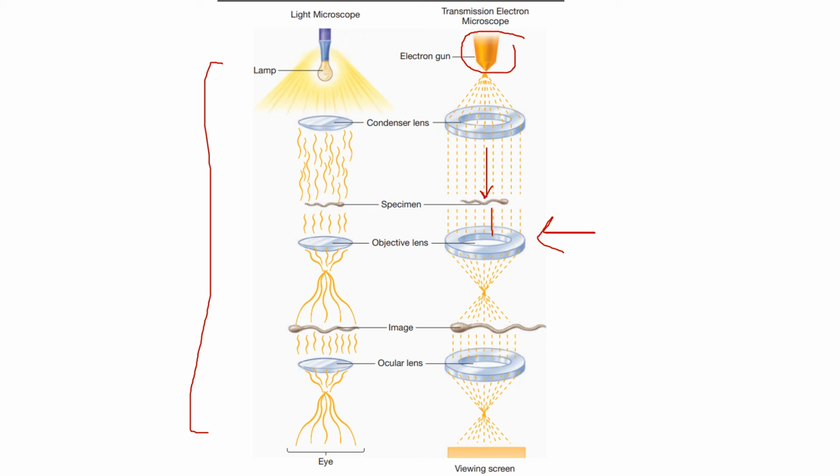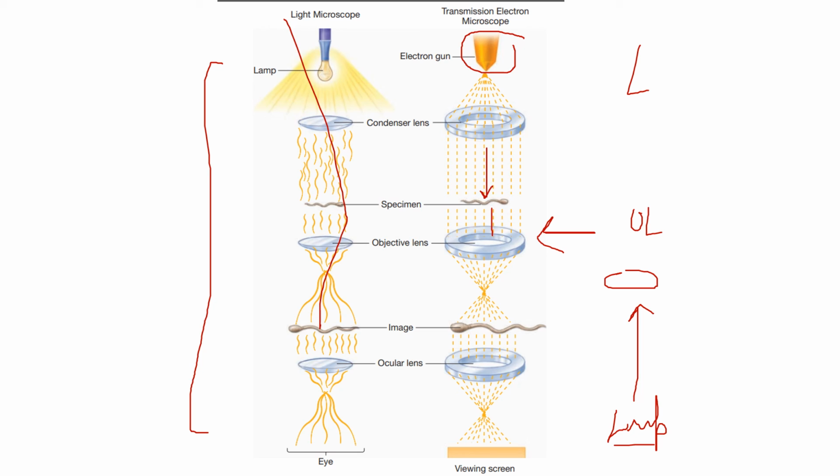See now, the light microscopes that we talked about were having the lamp on the downside. So these light rays were hitting the specimen and the objective lens was placed here. They are getting the data from the specimen.